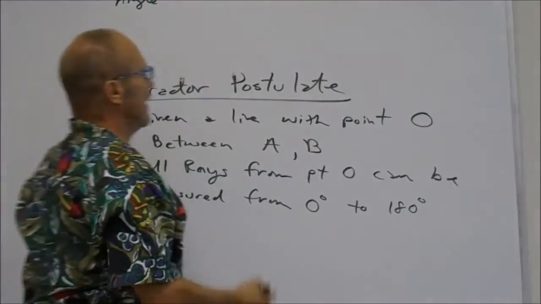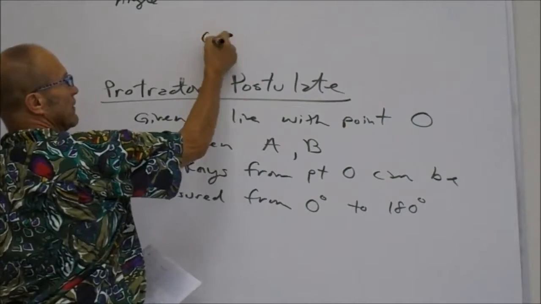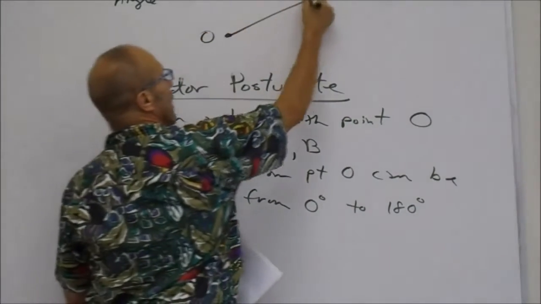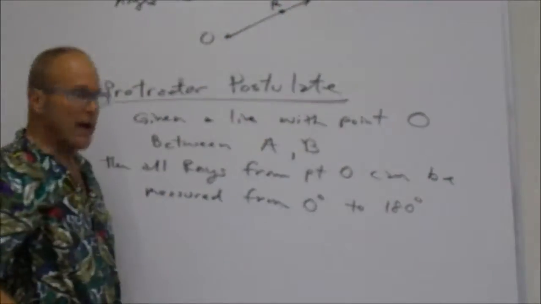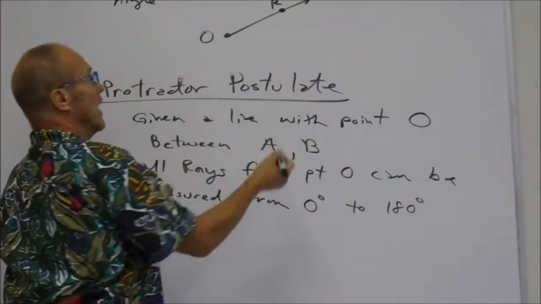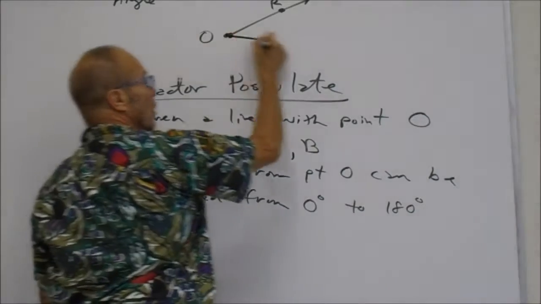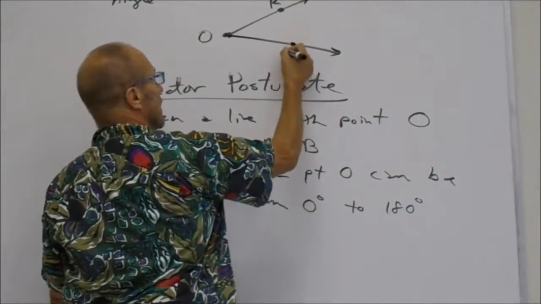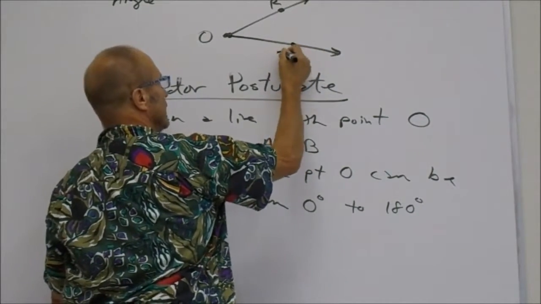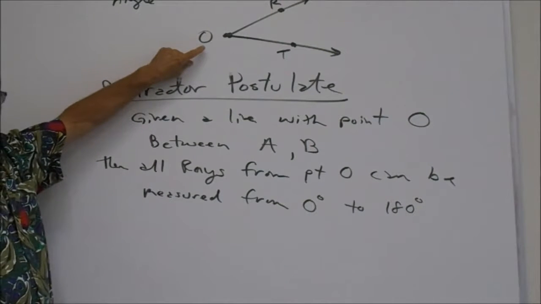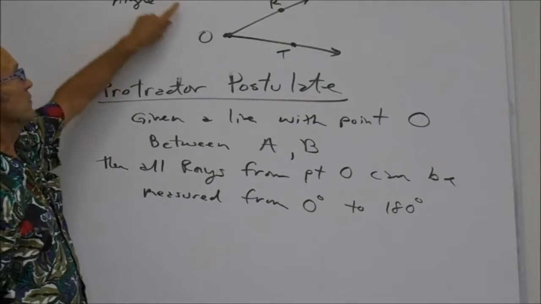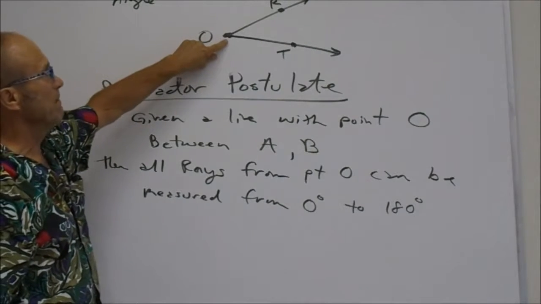In other words, if I have a point O like this, and I pull a ray off like that, there's R. That's one ray. Now, if I pick any other ray from O going like this, and maybe call that T, we now have made an angle. Most of you will recognize this is an angle. So we have two rays with a common endpoint.